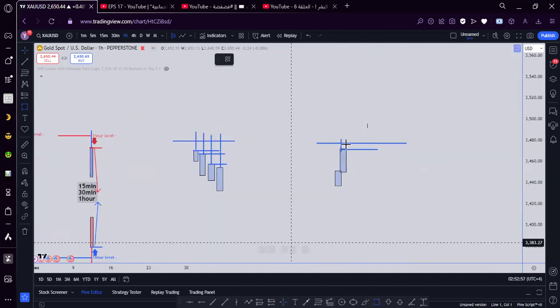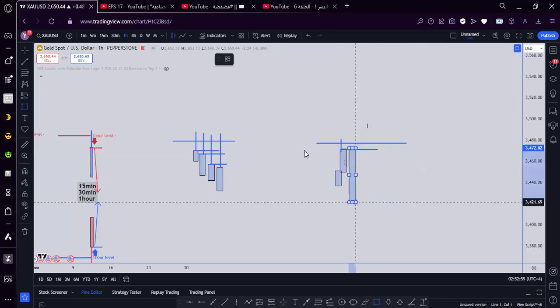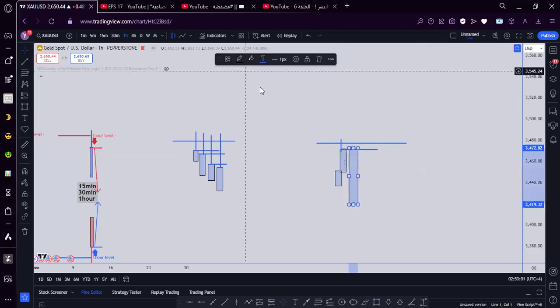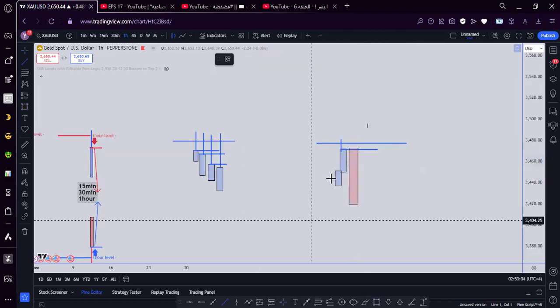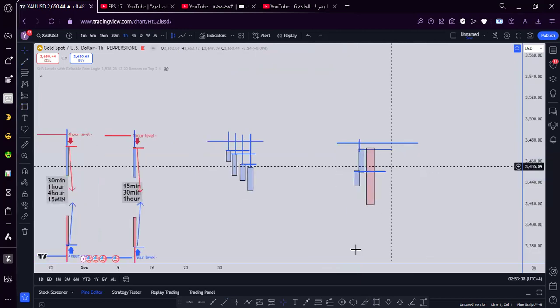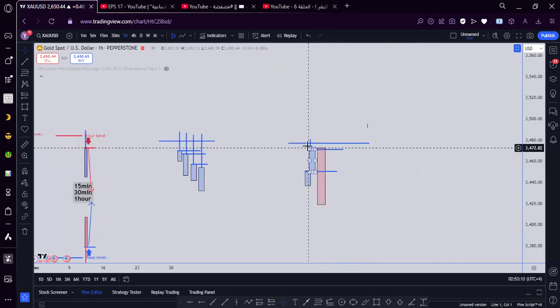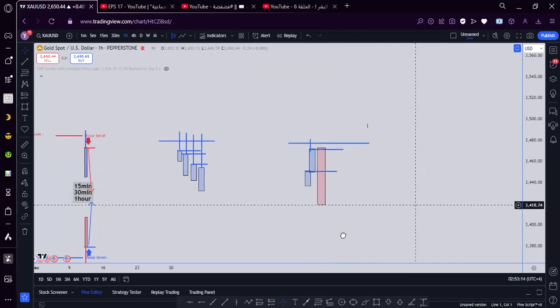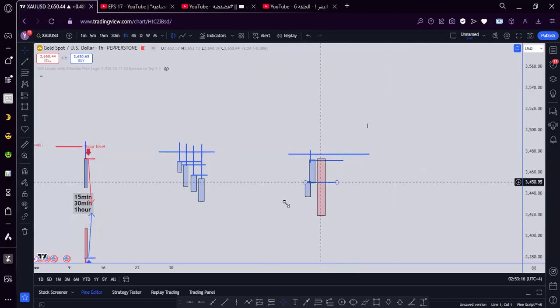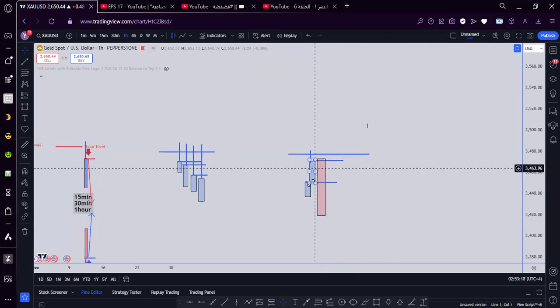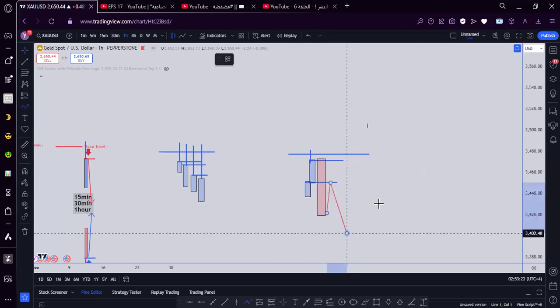Let's imagine that there is another bearish candle that breaks our gap. You are on the 15-minute time frame. Your first trade was by rejecting by this candle that rejected on the 15-minute time frame. After that, you had a bearish breakout of this bullish gap. What you have to do, boom, a second entry from this bearish gap.